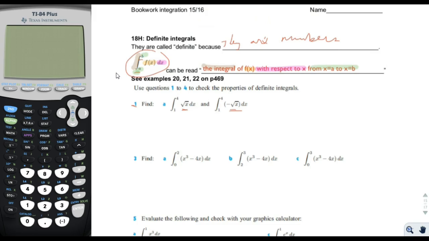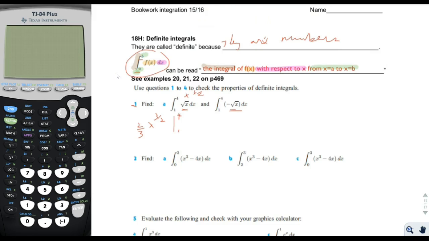So first we're going to do the first one, and we're going to rewrite square root of x as x to the 1/2. And then the integral of x to the 1/2, of course, is x to the 3/2 times 2/3. And then we're going to evaluate it from x equals 1 to x equals 4.